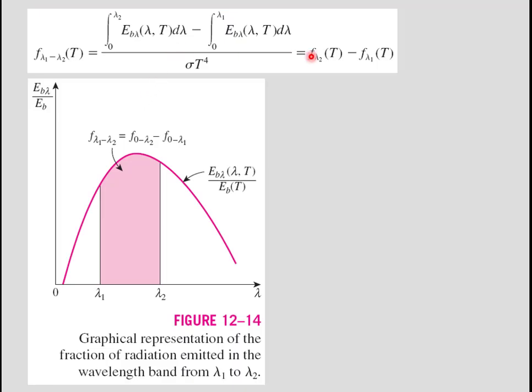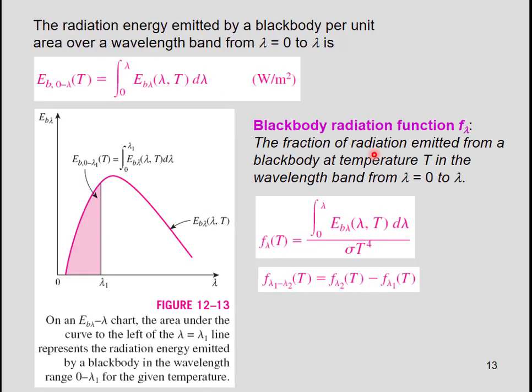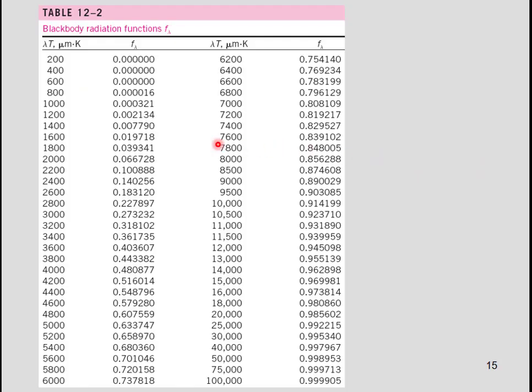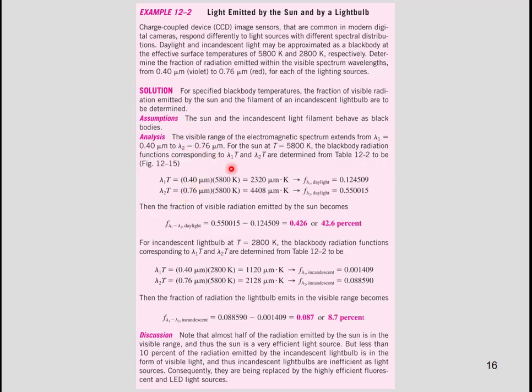By knowing this, we can use this equation to calculate the fraction of radiation emitted in that range of the lambda, which is the visible range. So we know lambda 1, we know lambda 2, which is mentioned in the question, and we know the temperature.